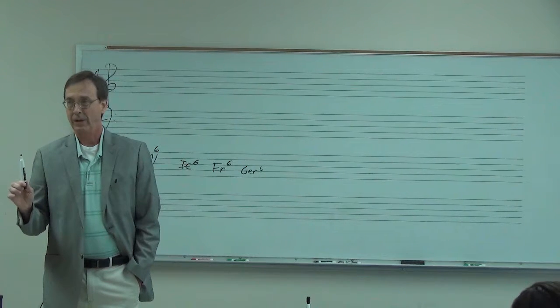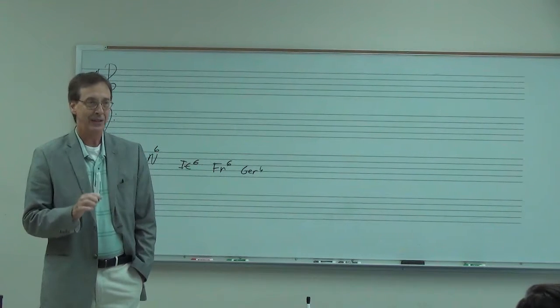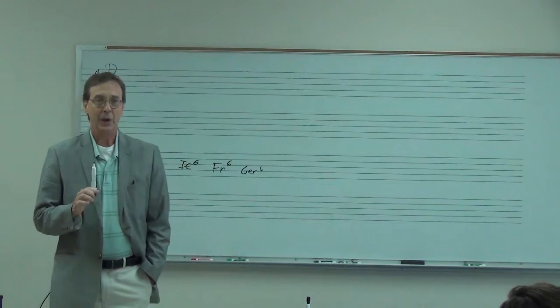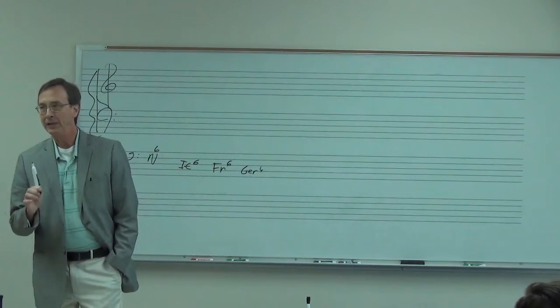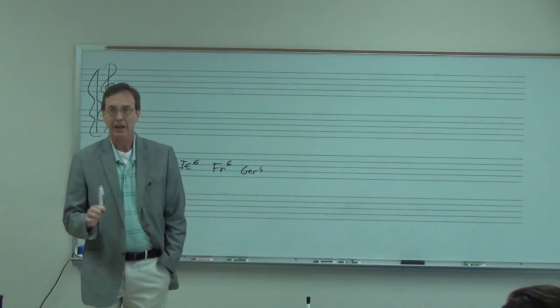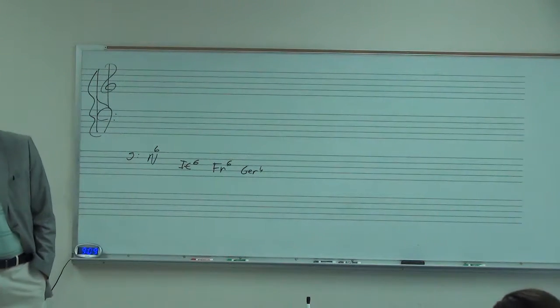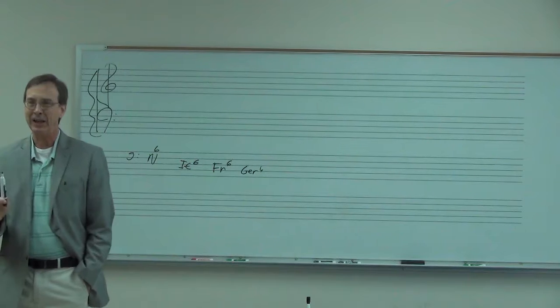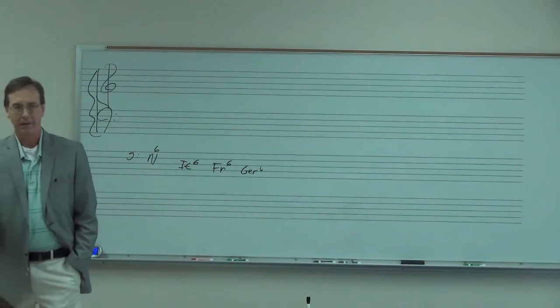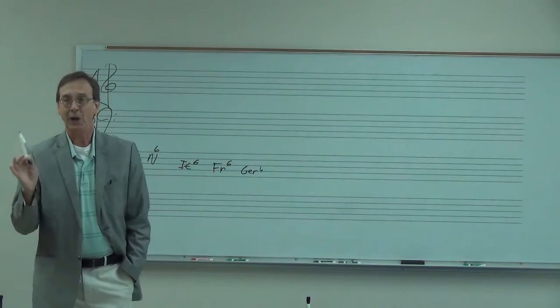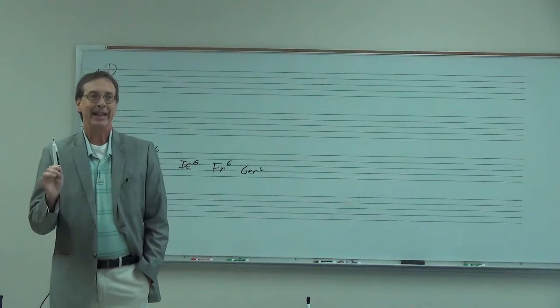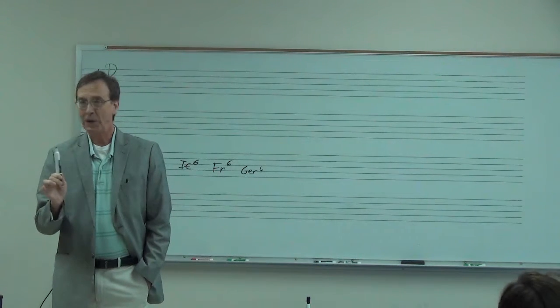Chromatic means the same letter name. So G to G sharp is a chromatic half step. G to A flat is a diatonic half step, or diatonic semitone. So A flat is the note. You still with me?